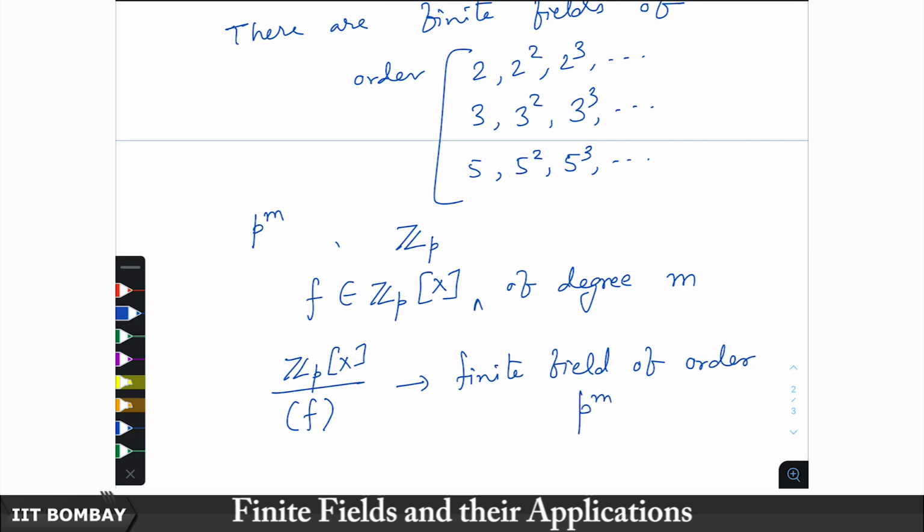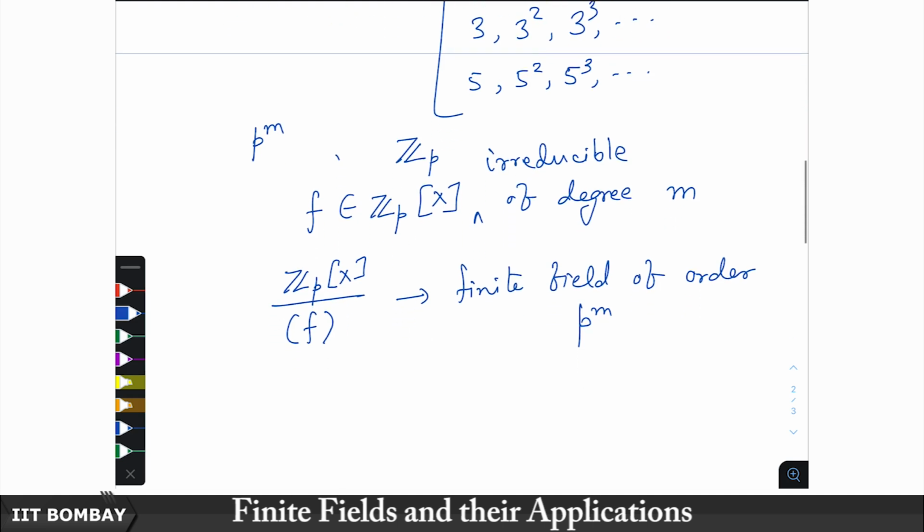Now, this is if f is irreducible, then this will happen. But as of now, we do not yet know whether such a polynomial exists or not. We have not proved that for every positive integer m and every prime number p, there is an irreducible polynomial of degree m over Z p.